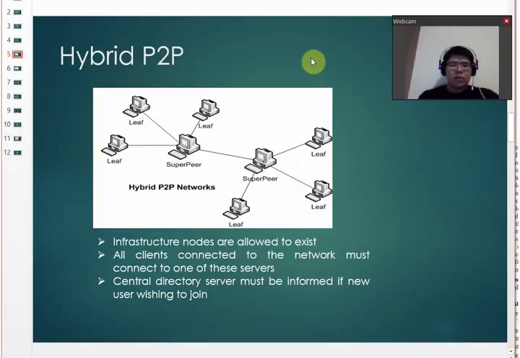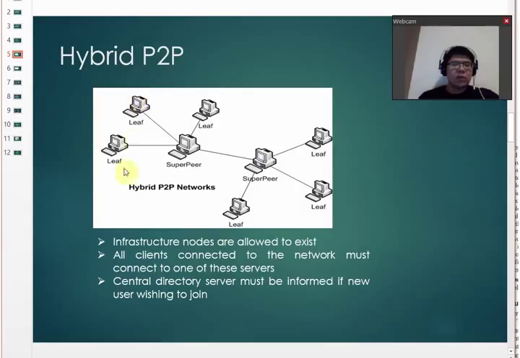In this type of network, infrastructure nodes are allowed to exist and are often a type of central directory server, which is the super peer shown in the image. All clients connected to the network must connect to one of these servers. If a new user wishes to join the network, it must first contact the central directory server and report the files that it wants to share.